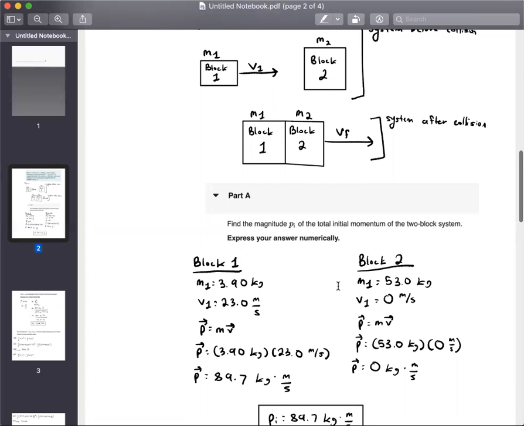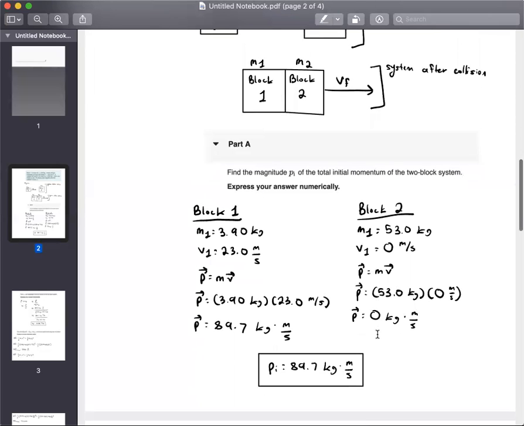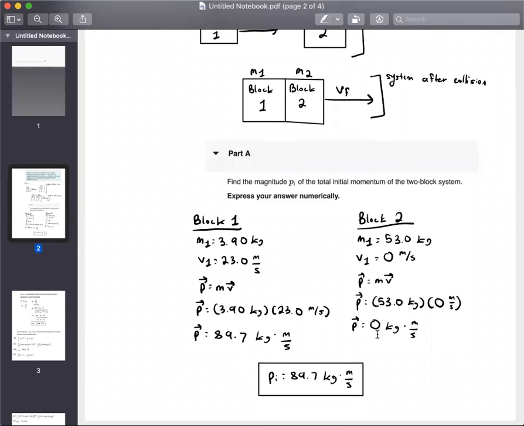For block 2, since the initial velocity is 0, that creates a 0 initial momentum, which makes sense because it's not moving. So the initial momentum is equal to the momentum of block 1: 89.7 kilograms times meters per second.